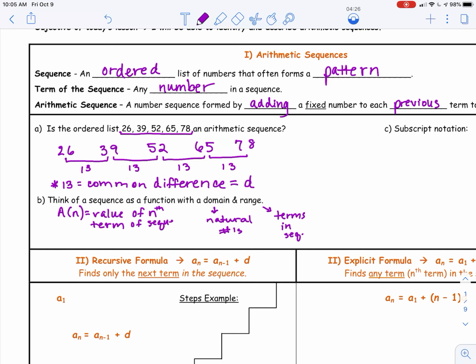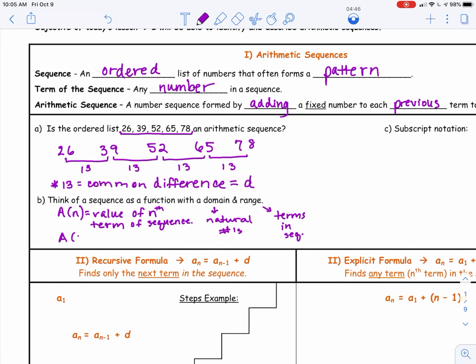And I'm going to see if I can squeeze that in here. There we go. Okay, so A of n represents the value of the nth term of a sequence. So it could be any term in your sequence. I'm not saying the first term, the second term, the fourth term. I'm saying the nth term. So any term that's in your sequence.